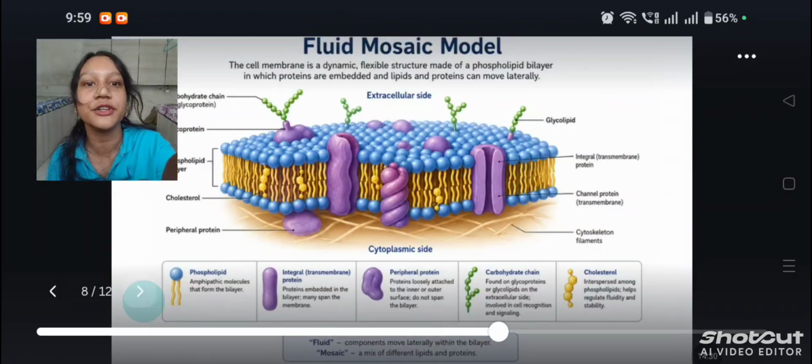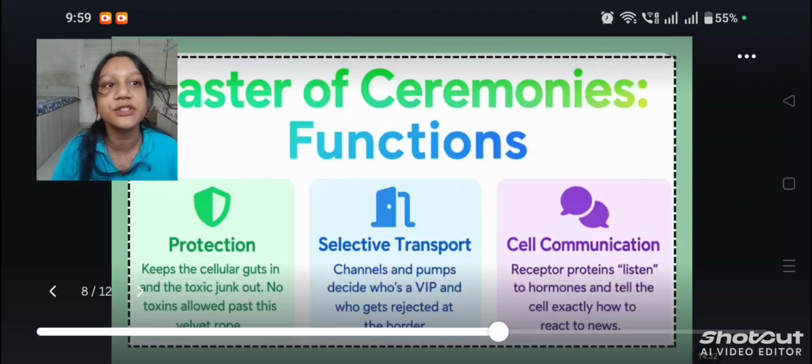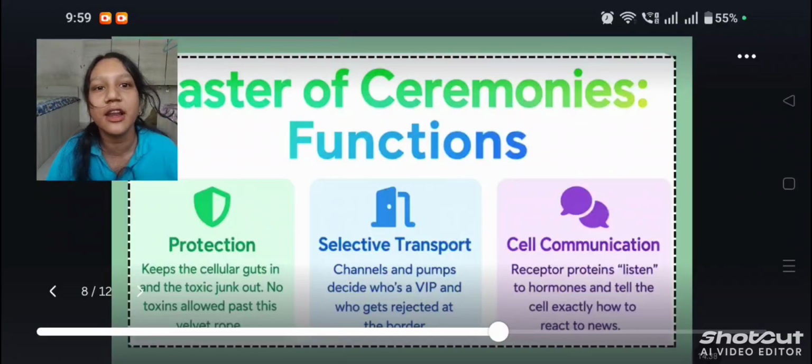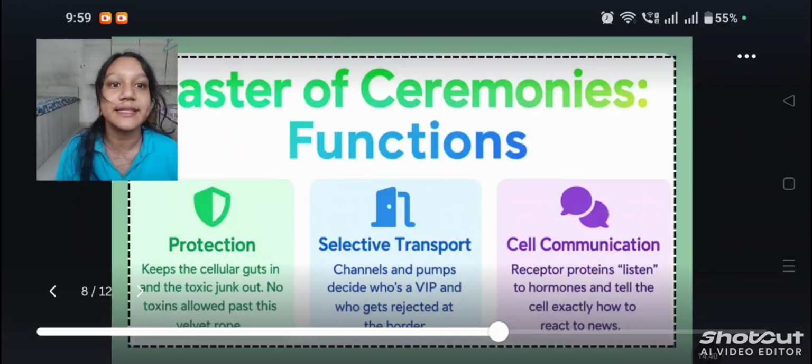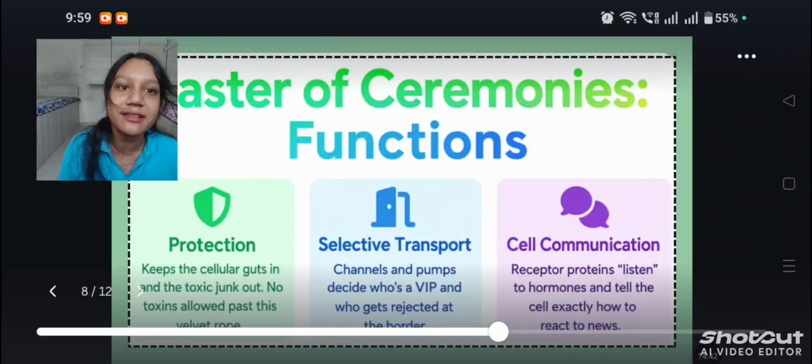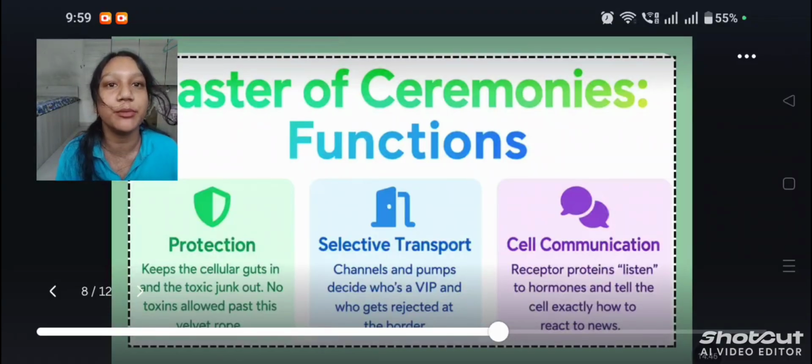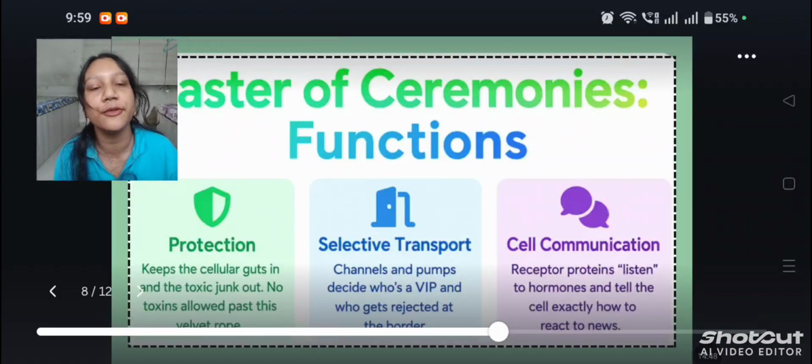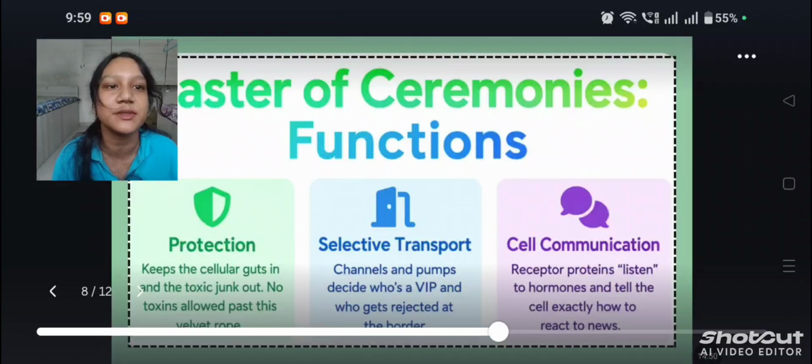Now let's see some functions of the plasma membrane. The masters of ceremonies. Protection keeps the cellular guts in and the toxic junk out. No toxins are allowed past this velvet rope. Second, selective transport. Channels and pumps decide who's a VIP and who gets rejected at the border. The proteins present in the fluid mosaic model are helpful in transportation.